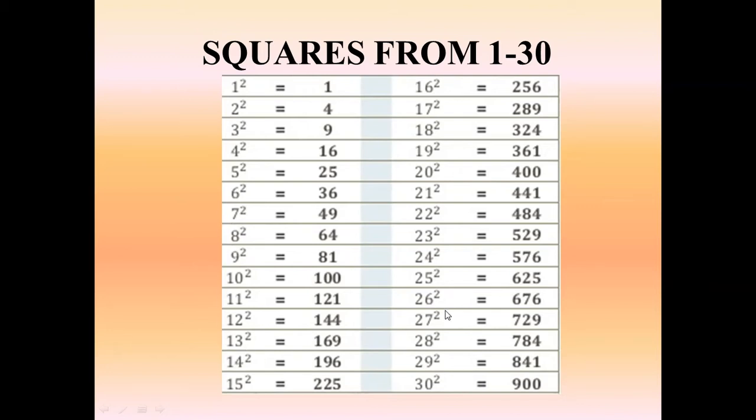Whenever you do the prime factorization, and suppose you get the square of the prime numbers, then this table will be helpful for you. So this is the square of the numbers from 1 to 30. Remember this table.